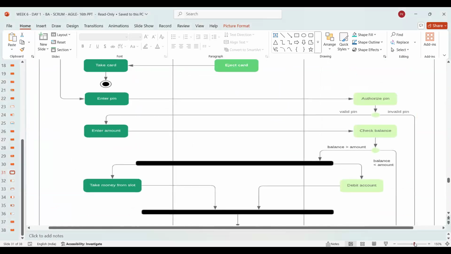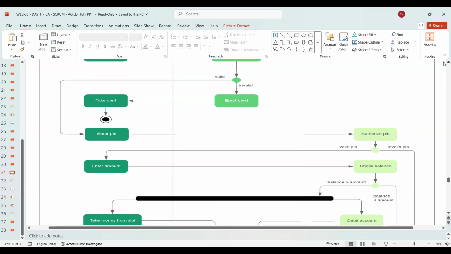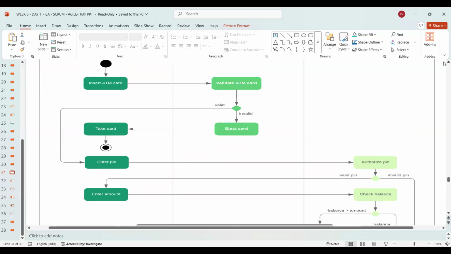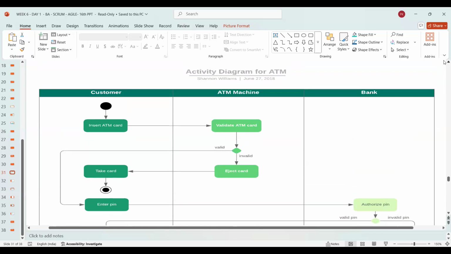Sounds very good. Thank you so much, Shweta. Yes, absolutely. Process flow diagram. Process flow diagram and activity diagram are a little different, but on similar grounds, I won't disagree on that.